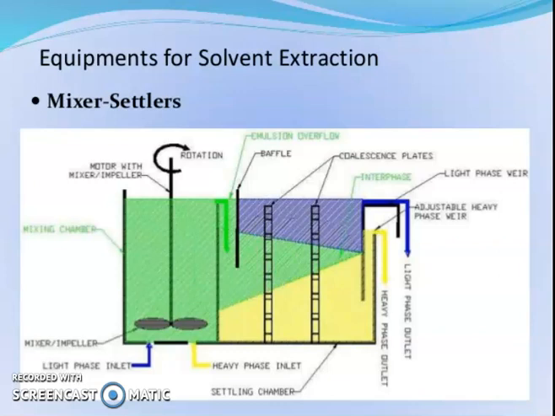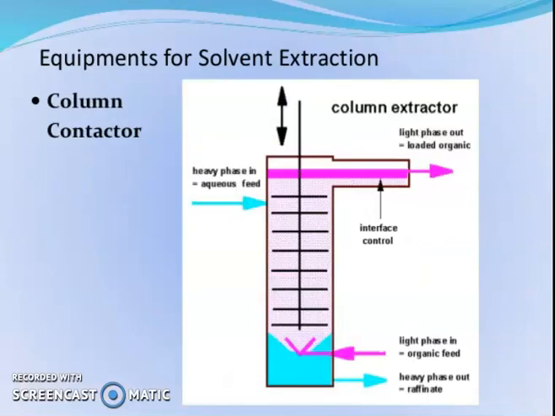Now, equipment for solvent extraction. Mixer settler. So you can see in this diagram, we have the rotation, we have motor with mixing impeller, mixing chamber, we have mixture impeller, light phase inlet, heavy phase inlet, settling chamber, we have this light phase outlet, adjustment of heavy phase here.